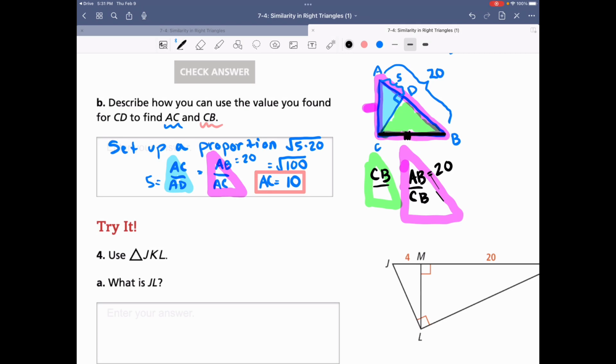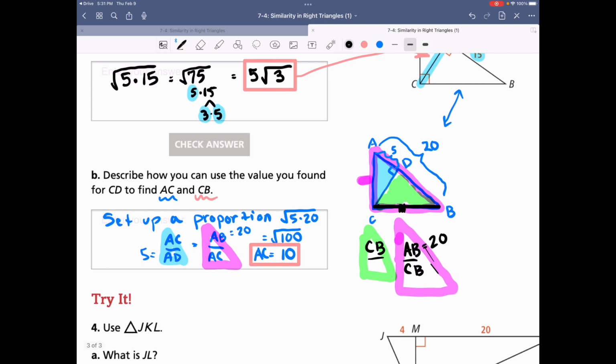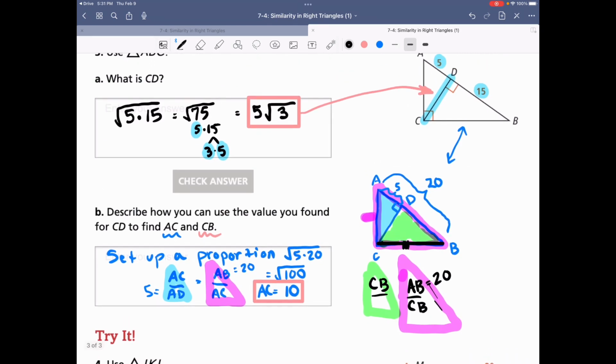And on the pink triangle, that's the long leg. I just want to double check in my diagram. Yeah, CB is the longer leg. And the longer leg of the green triangle is right here, DB, which is equal to 15 from the diagram above.